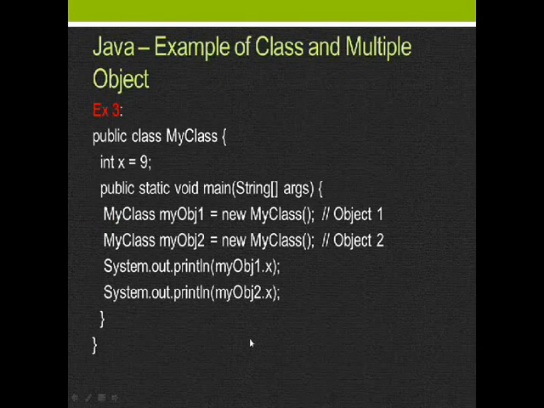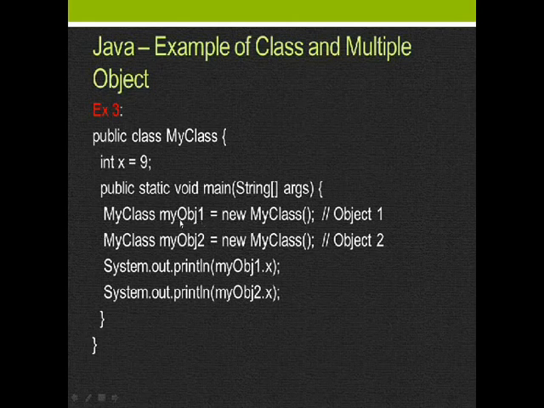Now let us see how we initiate multiple objects. Here also the class name is MyClass, and we initiate the integer x and define its value, and 9 is the value.